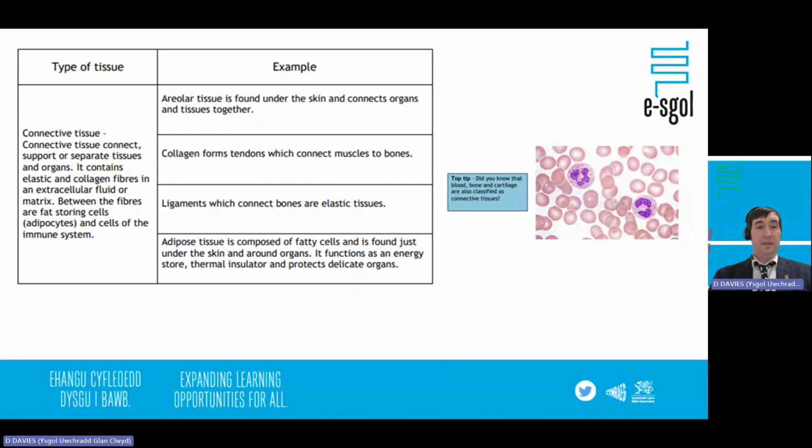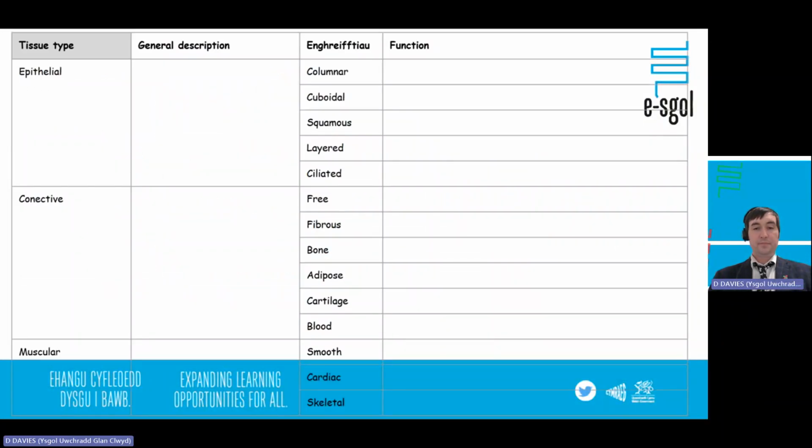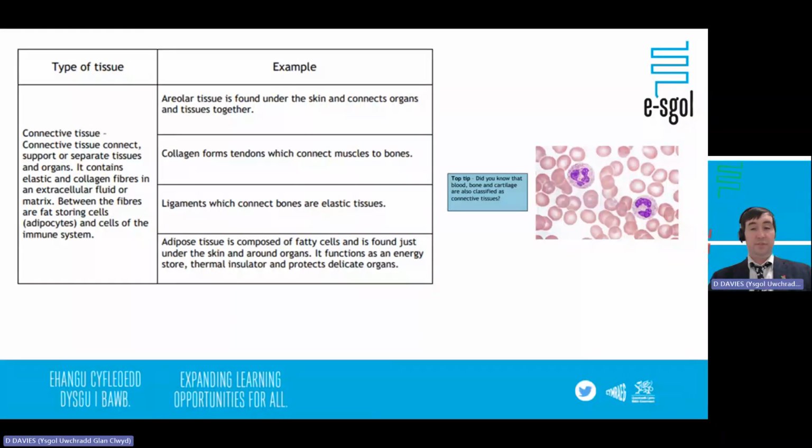Blood is also a connective tissue for some reason, and you have a picture there of your red blood cells and your white blood cells.